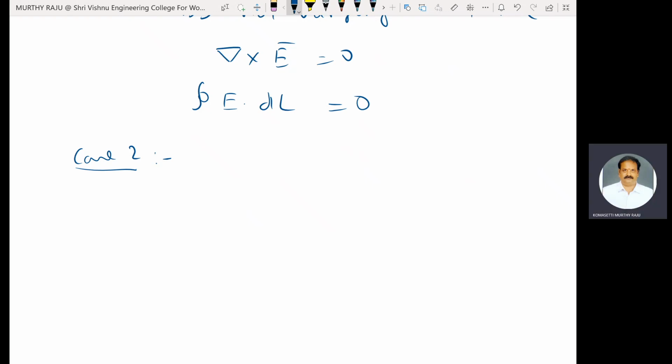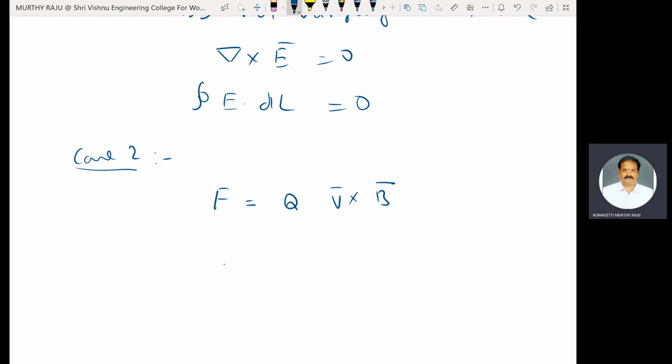Consider a charge Q moved in a magnetic field B at a velocity V. Then the force on the charge is given by F is equal to Q into V bar cross B bar. Here the magnetic field is constant, and the closed circuit is revolved, so movement takes place in this stationary magnetic field.